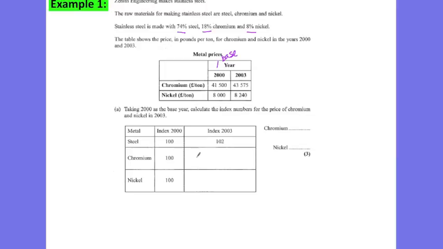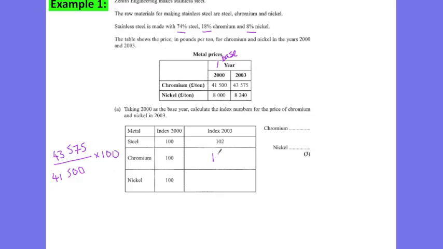So here we have our base year of 100. So to be able to find our index value for this year 2003, we take our new value. So for chromium, we have 43,575. We divide it by the base year, this value here, 41,500, and times by 100.